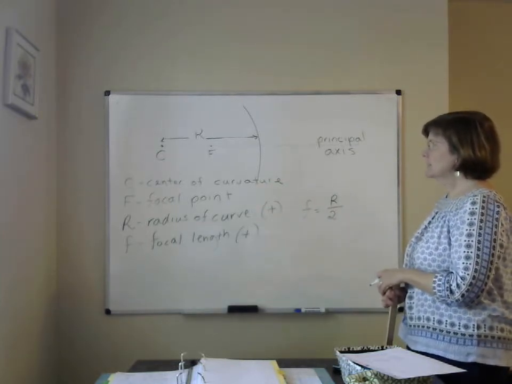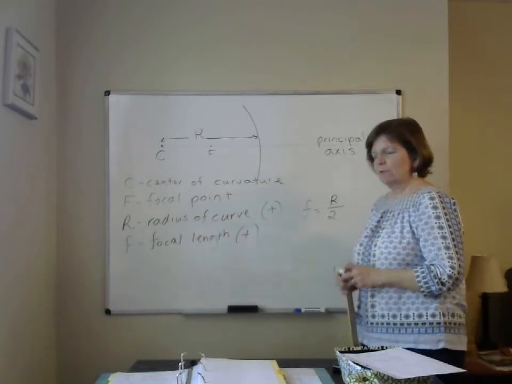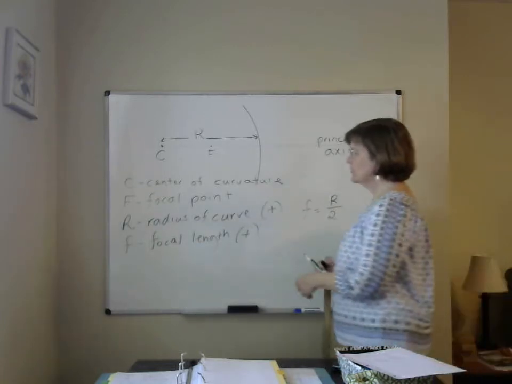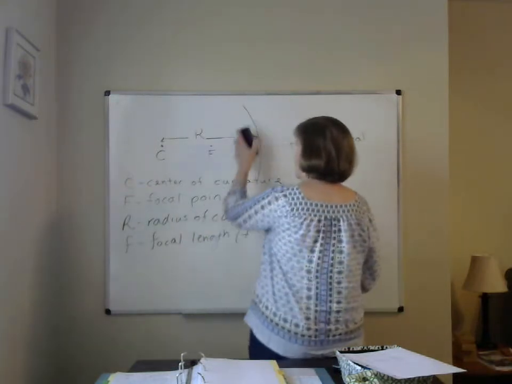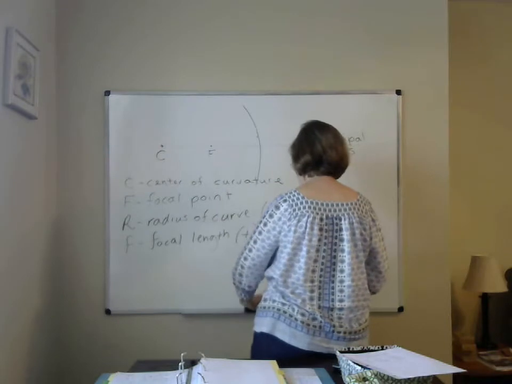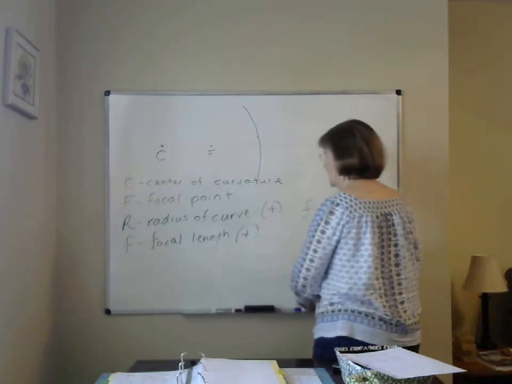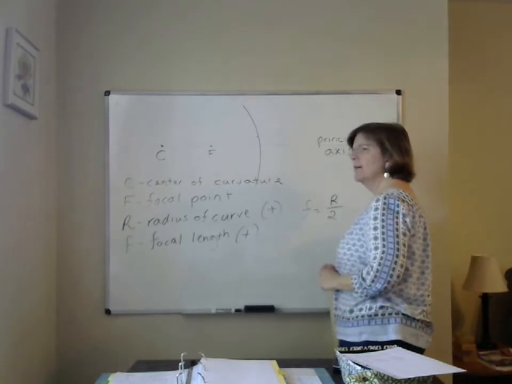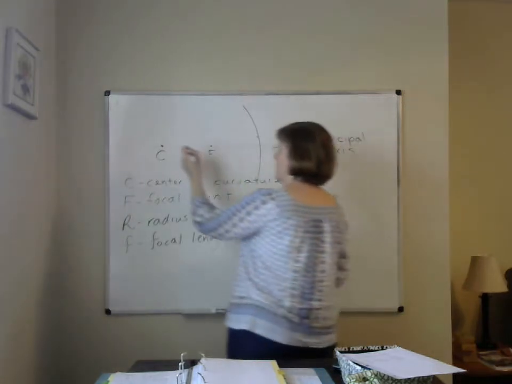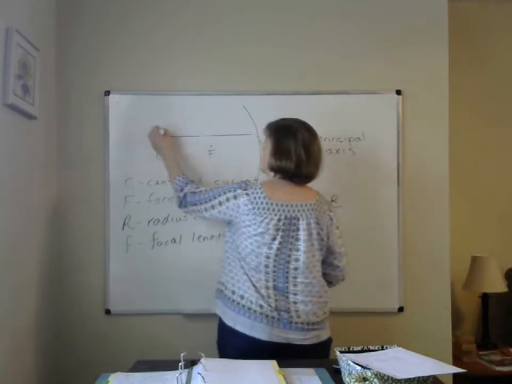All right. Concave mirrors can also be considered converging mirrors. What happens with a concave mirror is that any rays that are coming in that are parallel to the axis, as long as they're not too far from the axis, I'll draw some coming in perfectly parallel.